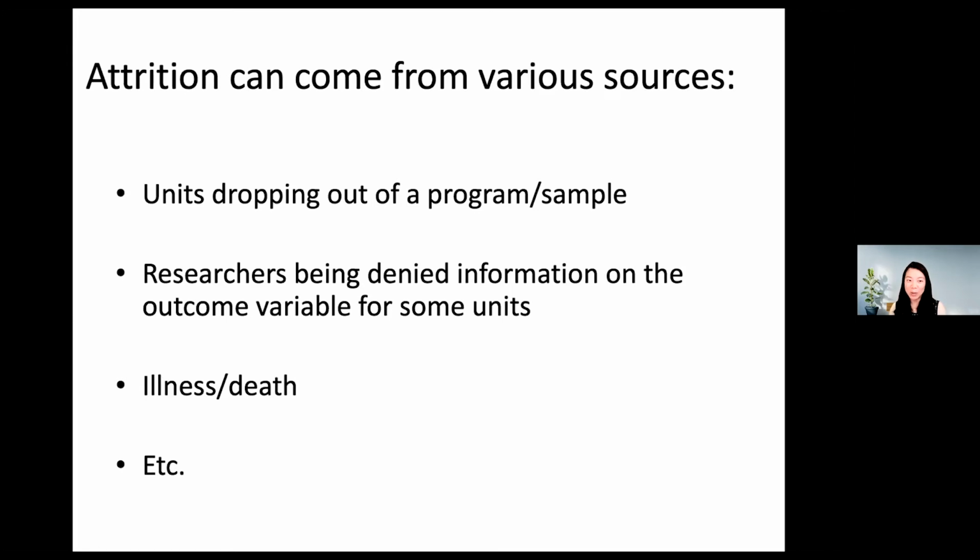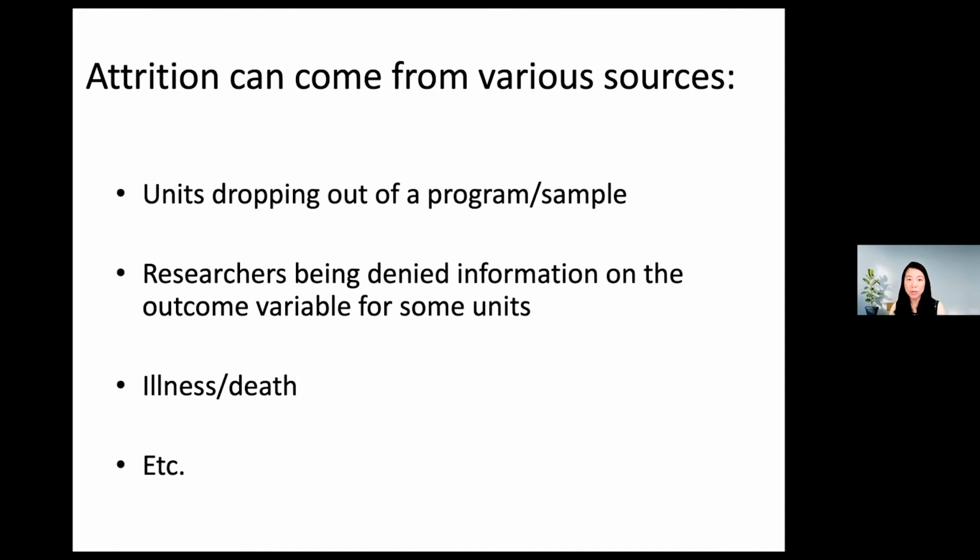It could be students or units dropped out of the program. Or sometimes, for the outcome variable, they don't want to give you that information. And also, sometimes it's really hard to predict or control, like students may drop out of school because of illness or even death.